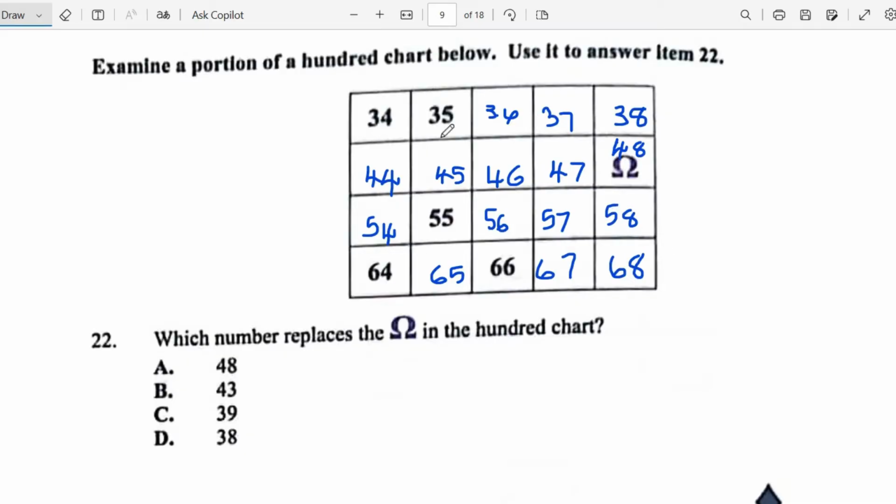So 35, 36, 37, 38, 44, 45, 46, 47, 48. So here would be 48, but let's check if the pattern is correct. 54, 55, 56, 57, 58, 64, 65, 66, 67, 68. So therefore, the number which replaces the symbol is 48.